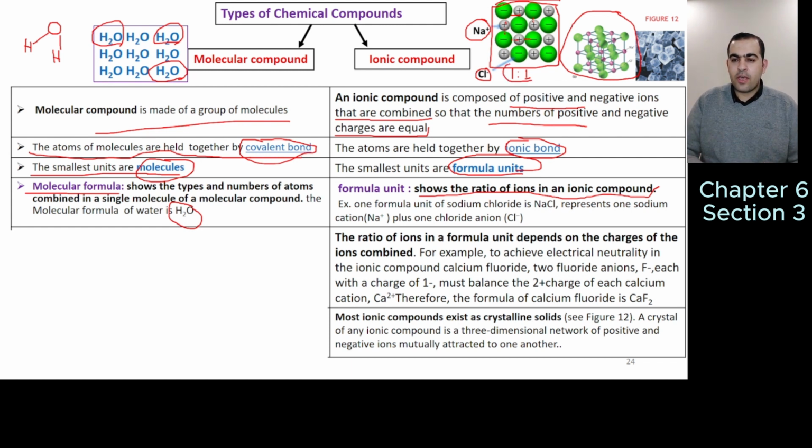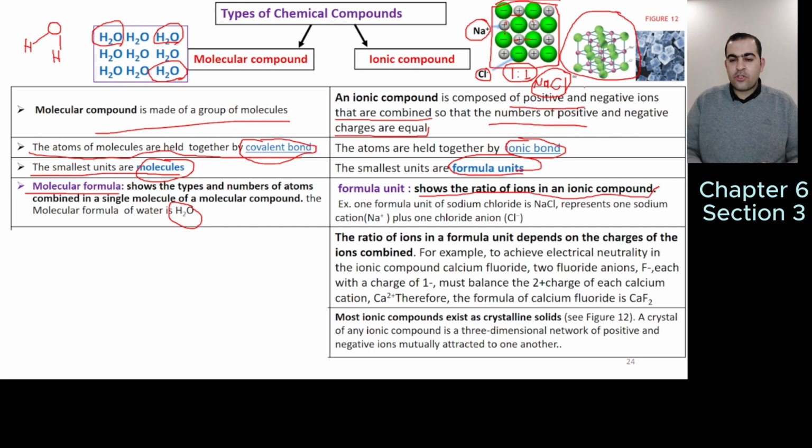So if I write the formula unit, I'm going to write it like that: NaCl. So NaCl is the ratio of ions in the ionic compound sodium chloride. That's it.